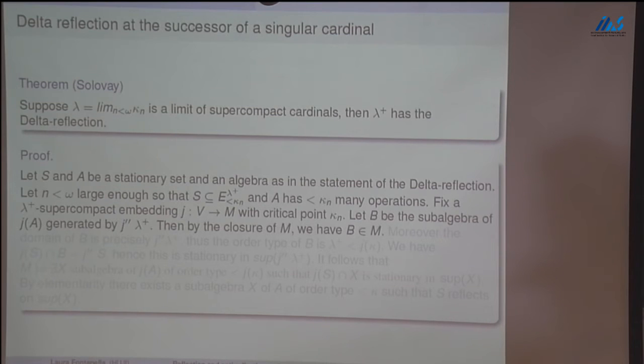So now we look at the pointwise image of lambda plus, and we look at the subalgebra B generated by this set, the subalgebra of j of A generated by this set.